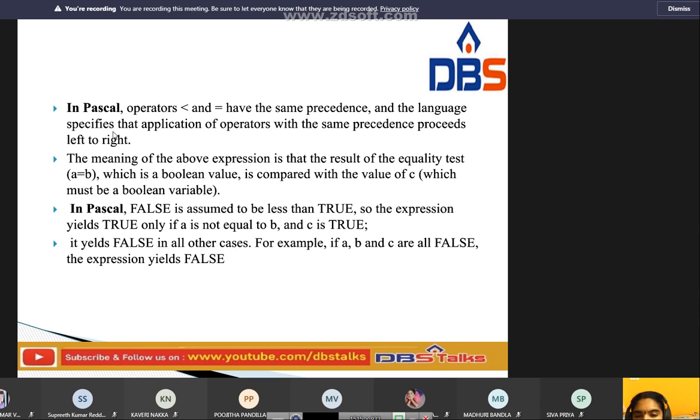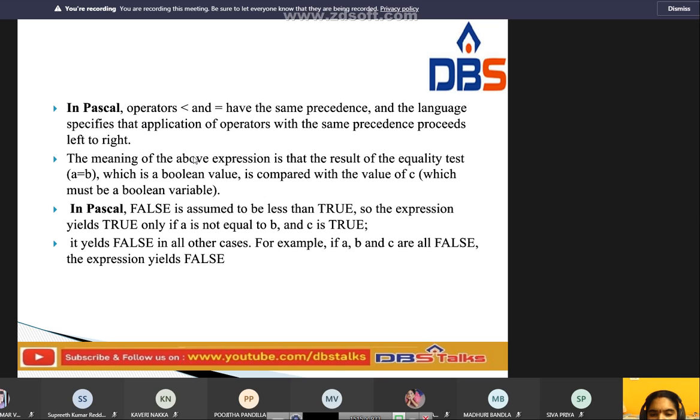In Pascal, the operators less than and equal have the same precedence, and the language specifies that operators with the same precedence are applied from left to right.